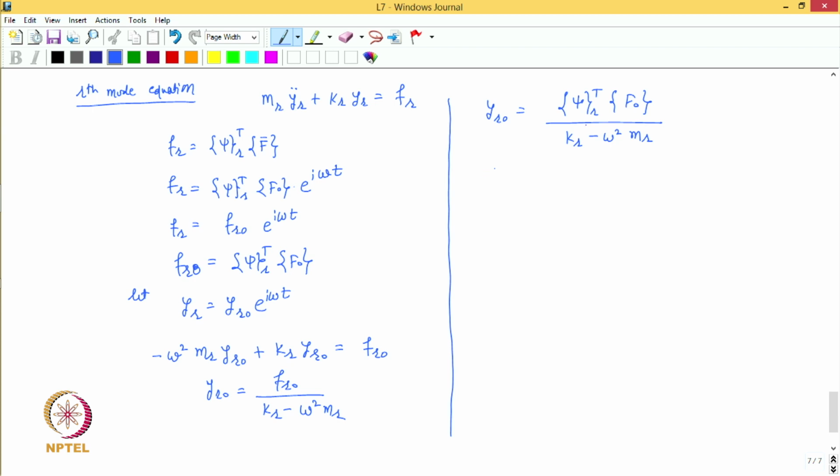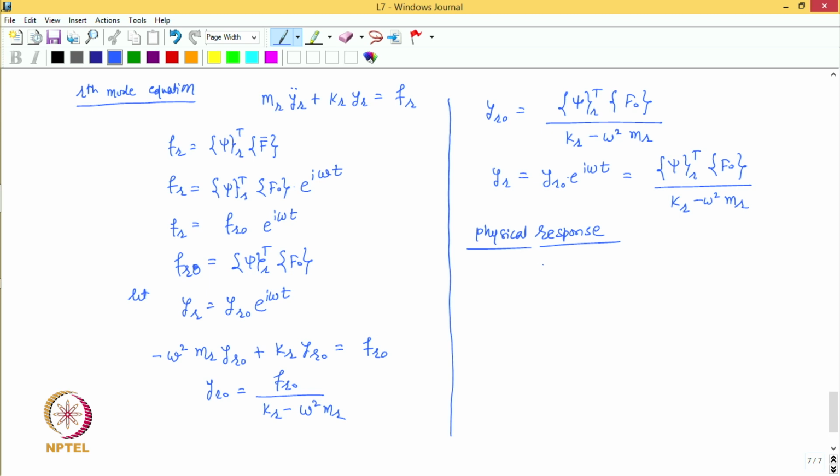This is nothing but the amplitude of the modal response, and if we like, we can also substitute this in this equation to obtain yr, which is psi r transpose f naught upon kr minus omega square mr. So, now we can obtain the response in physical space, the response in physical coordinates.